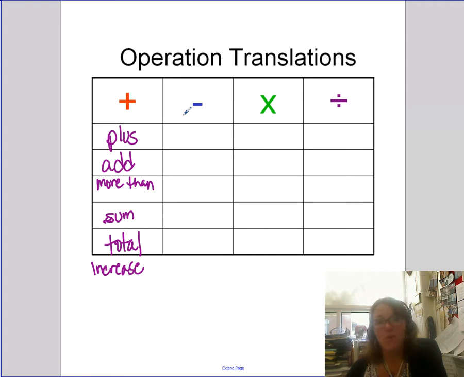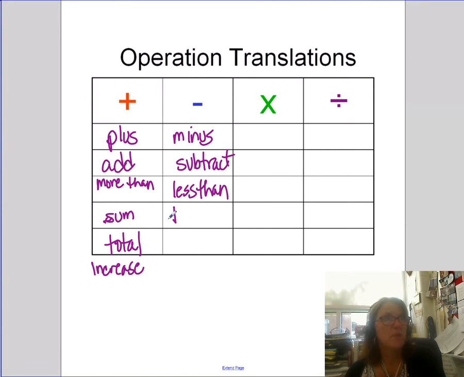The nice thing now is that the next column is the inverse operation of this. So the word phrases will be antonyms or opposite words. Instead of plus, this column is minus, subtract, less than.